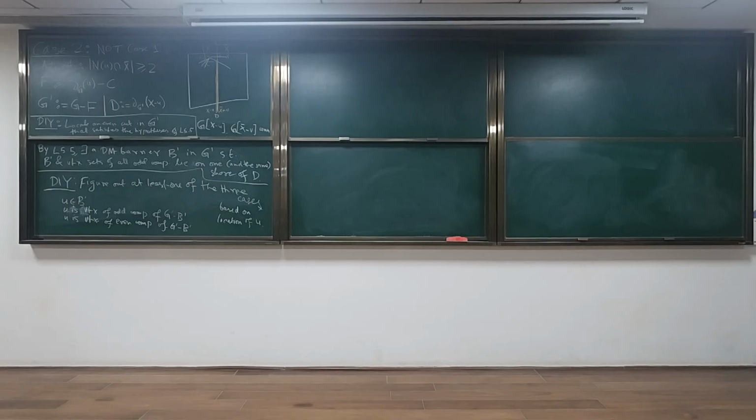So what was the case? U is an odd component. Okay. So that you can do that case also. There's one case which is tricky. Inside that case, there is a tricky case.